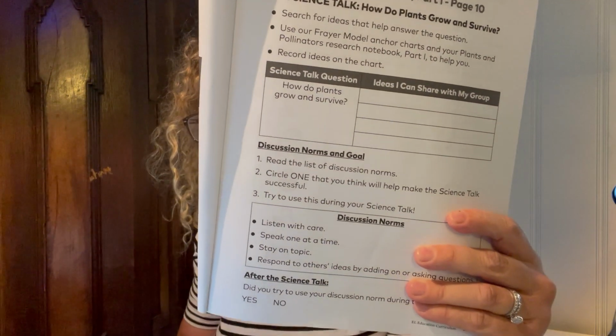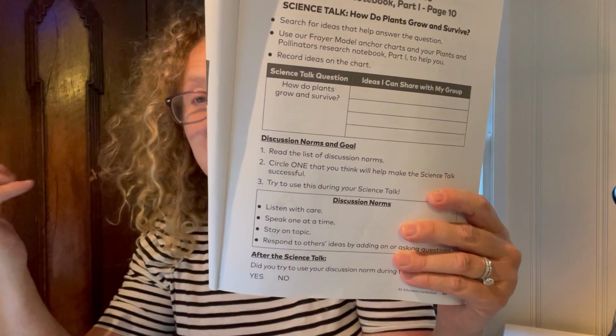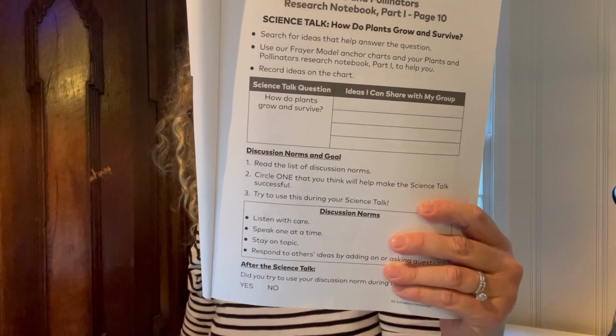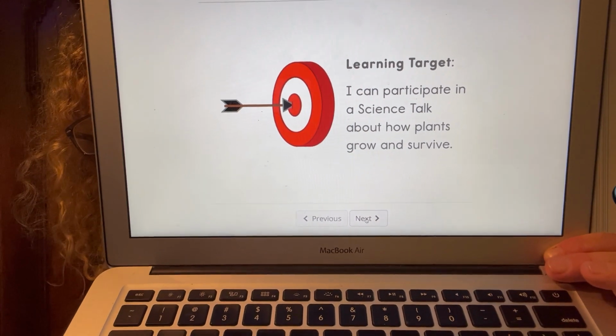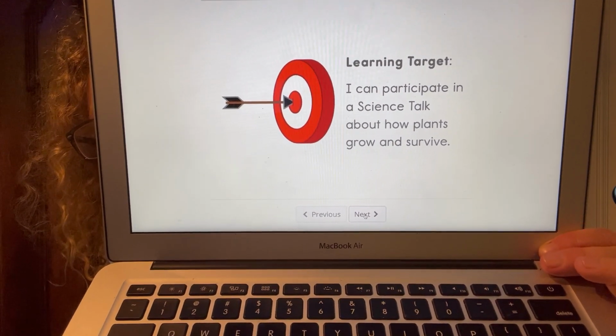We can also think about defining things, examples, and characteristics. So our learning target: I can participate in a science talk about how plants grow and survive.